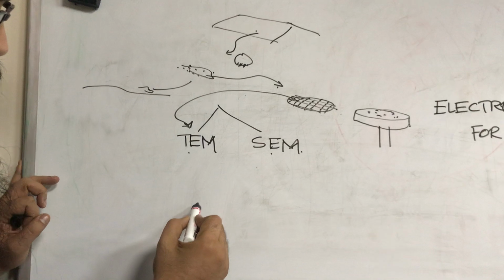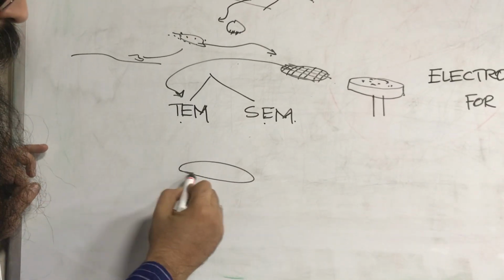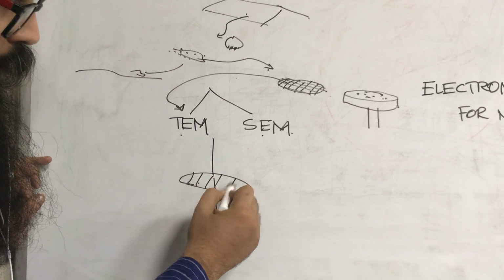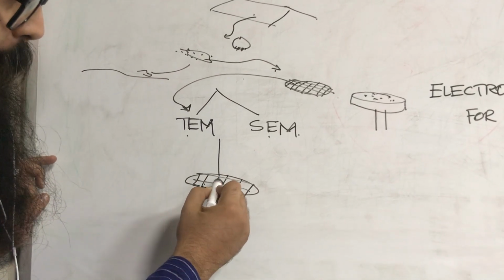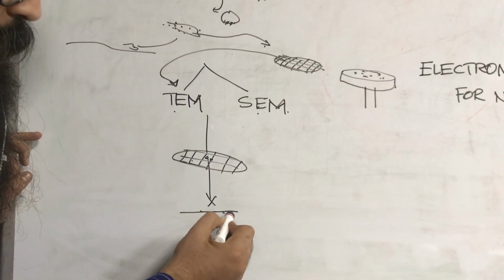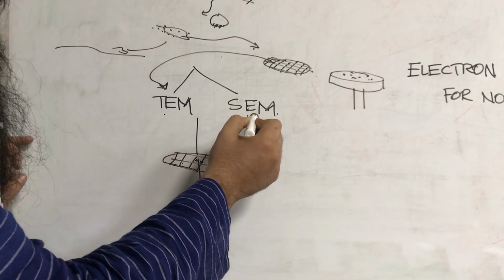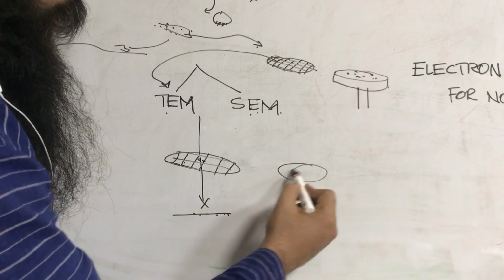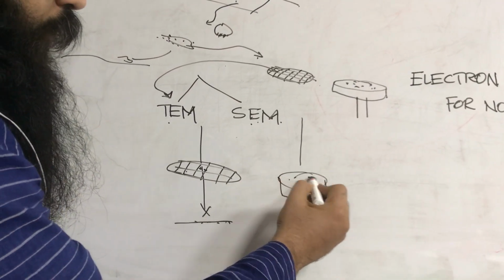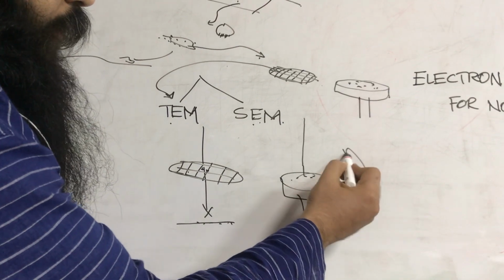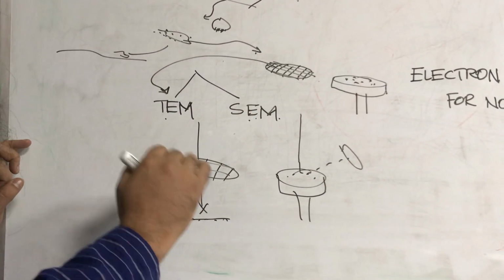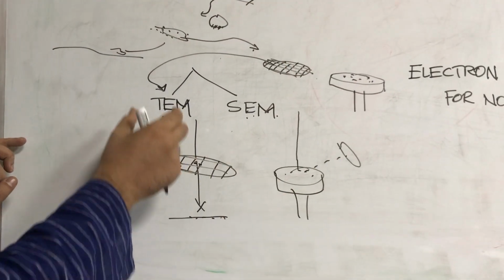In TEM, the electron beam will pass through the sample, and we will observe the shadow of the sample which we will get as an image. In SEM, the electron beam will fall on the sample and one detector is going to see the surface level morphology. So, this is the totality of TEM and SEM.